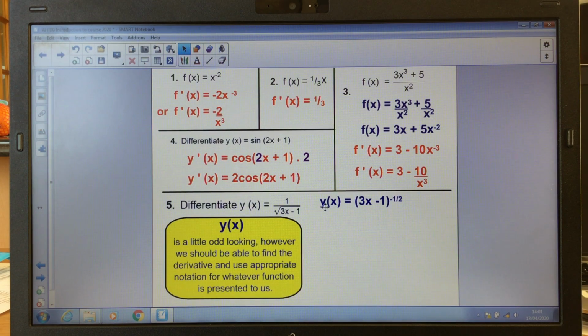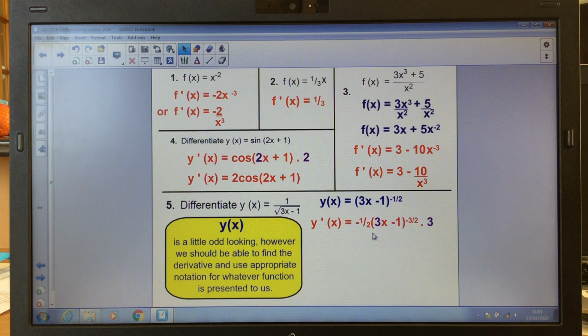And this one here, we have to bring it up, so it's to the power minus a half. Now look at the notation there, it might look odd, but it doesn't matter what they give us, we should be able to differentiate, so I'll call it y dashed x. And then the minus half will come to the front. Remember, minus a half minus 1 is the same as minus a half minus 2 halves, so my power goes to minus 3 halves, and the chain rule comes out.